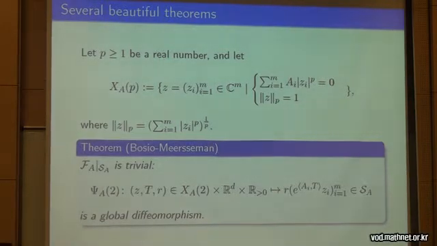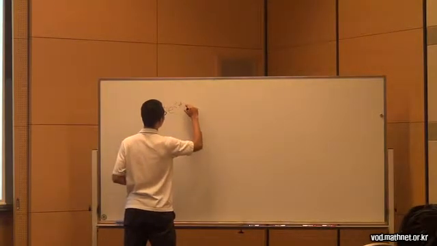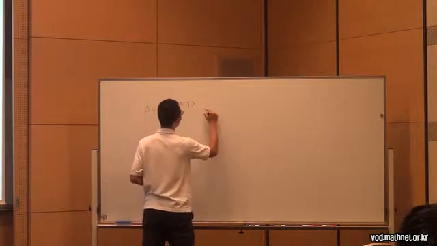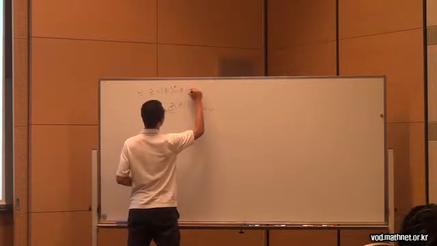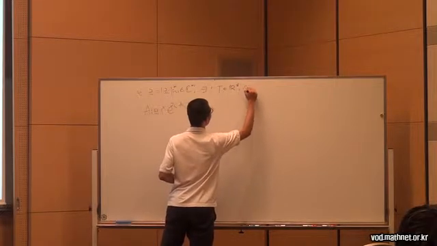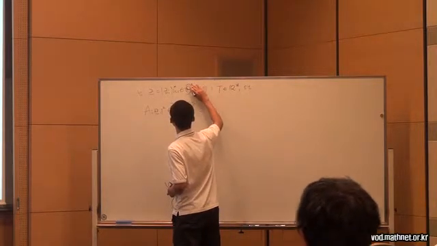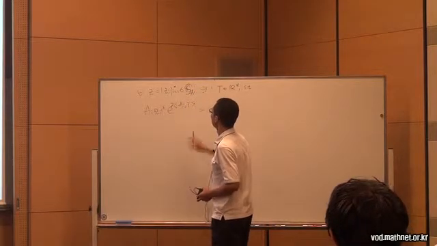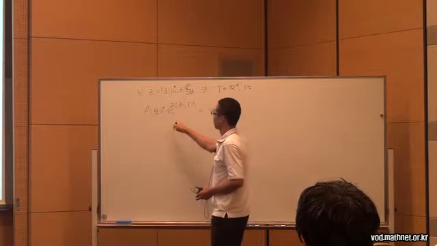And actually, they obtained this by showing that, okay, this is in the Siegel leaf. So if a point is in S_A, then we have a unique vector in R^d such that it satisfies this equation.